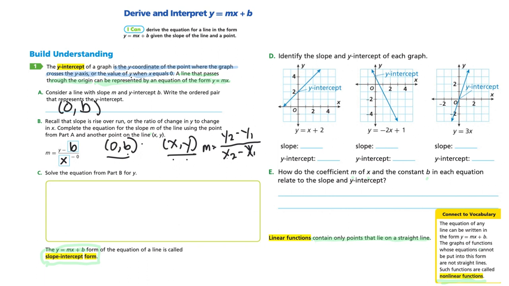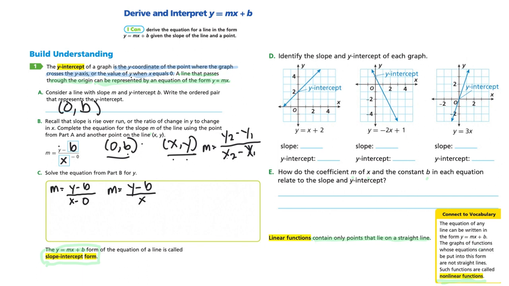It says solve the equation from part B for y. So here's our y, little teeny y. If we have m equals y minus b over x minus 0, we can say that's m equals y minus b over x, right?